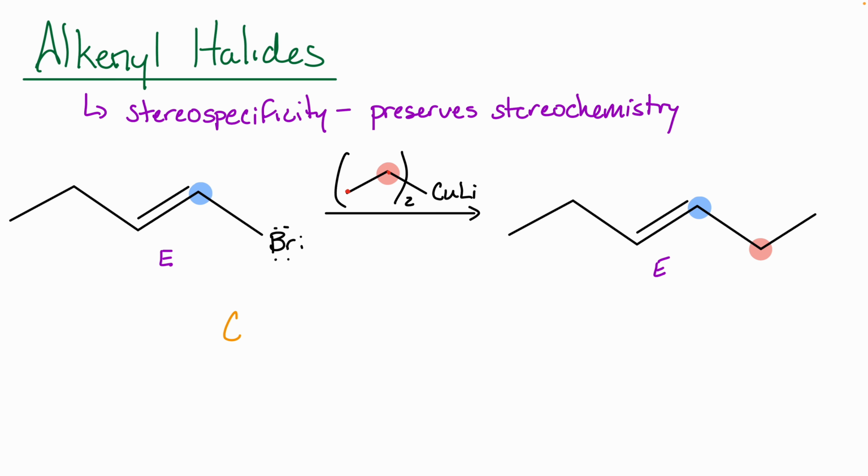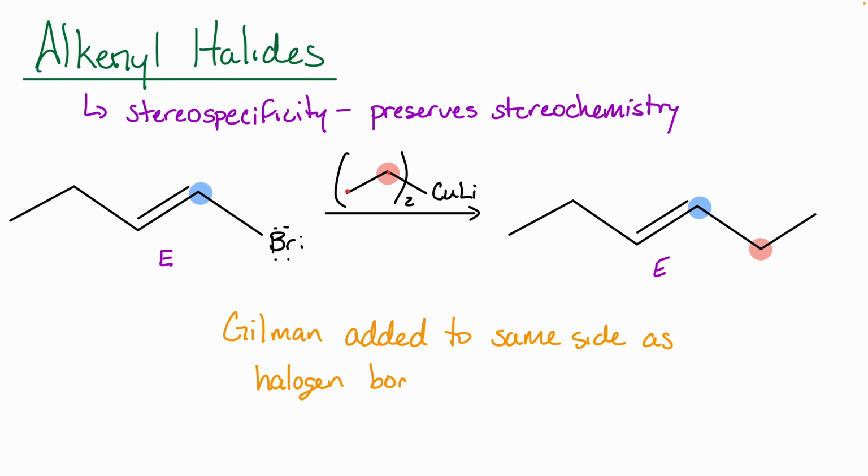All right, so we're going to note our Gilman is added to the same side as that halogen bond. So if my halogen's pointed on the opposite side of my alkyl group, my Gilman's going to be added on the opposite side of that original alkyl group.